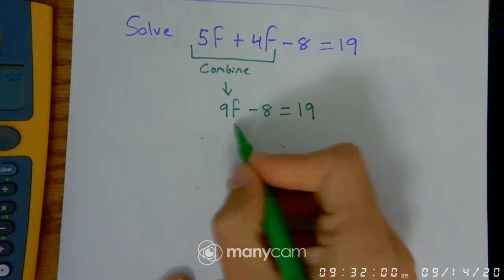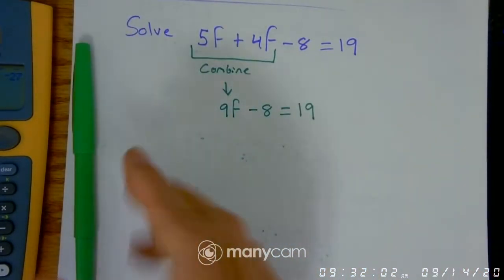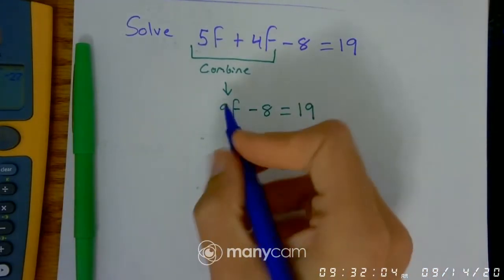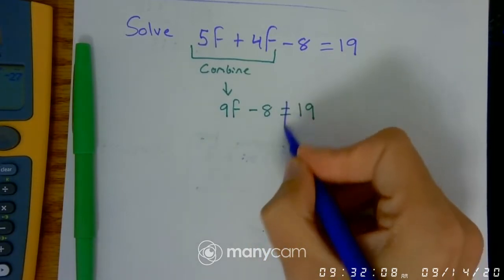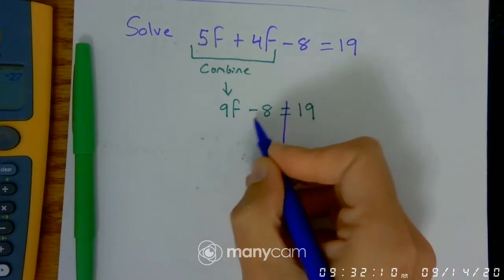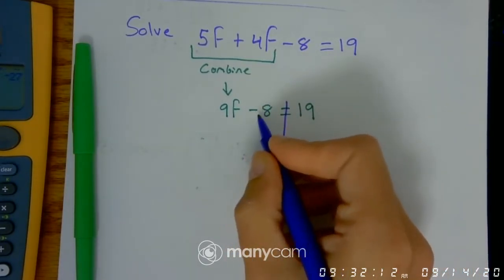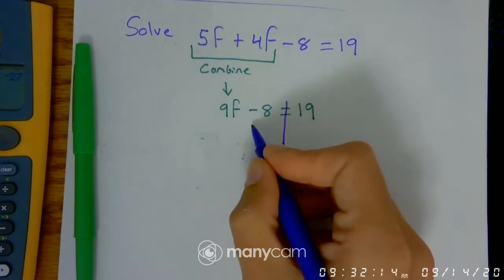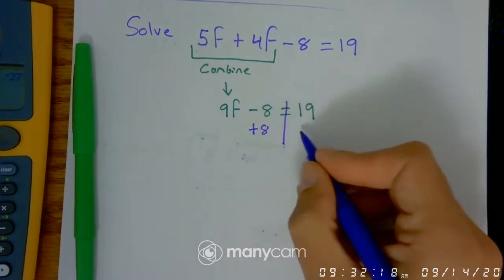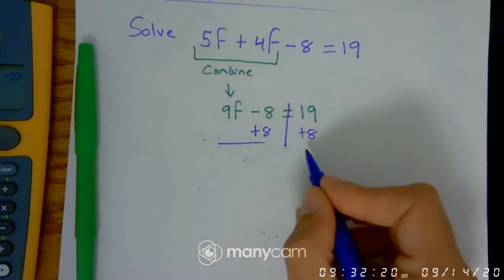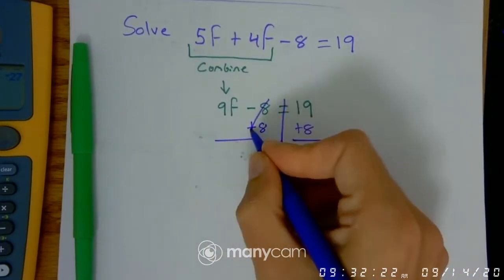So now that I have this, I'm back to, all right, I want to get f by itself. So I see here I have multiplication and I have subtraction. So what I'm going to do first is deal with the subtraction. The opposite of subtracting is adding. So I'm going to add 8. So that goes to 0.